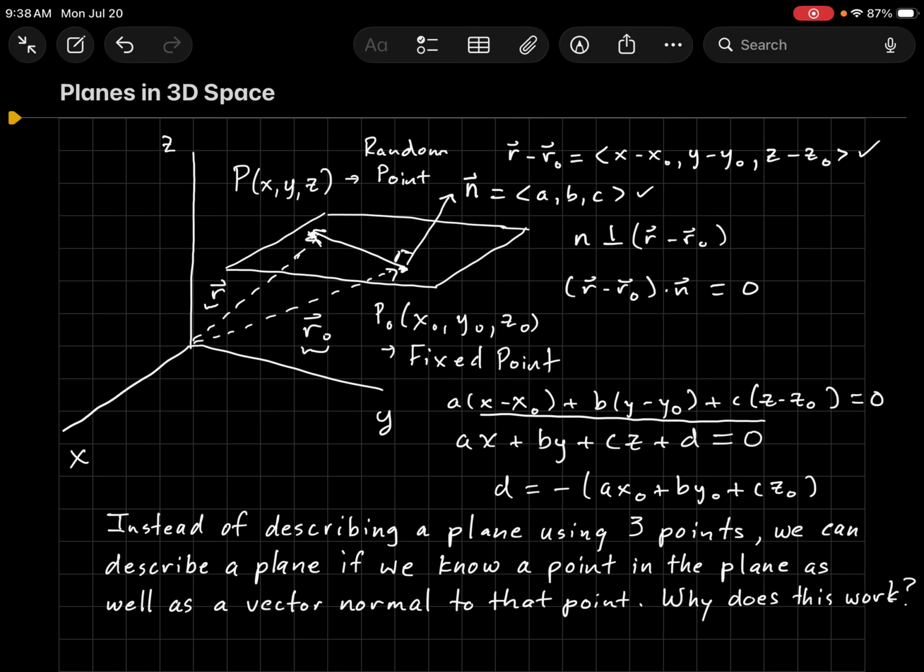But this is the equation of a plane in three-dimensional space that we will often use.